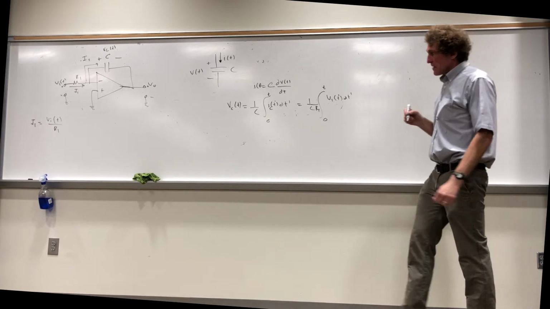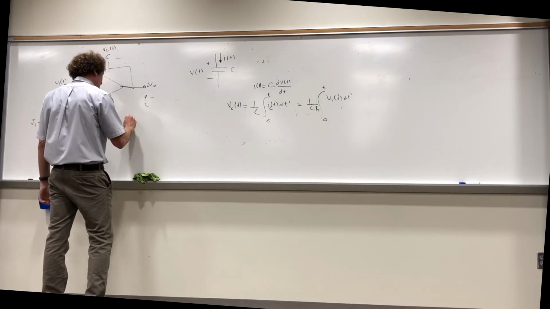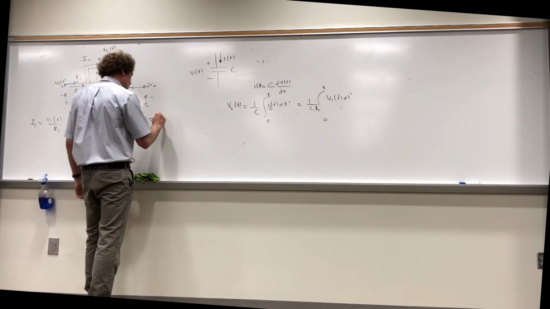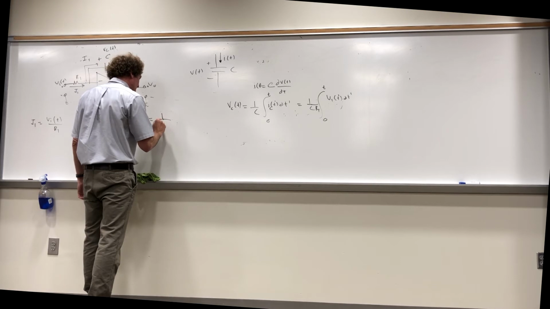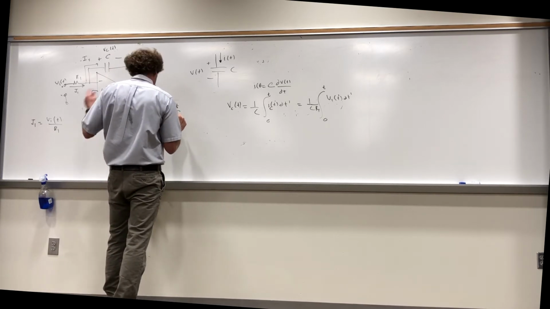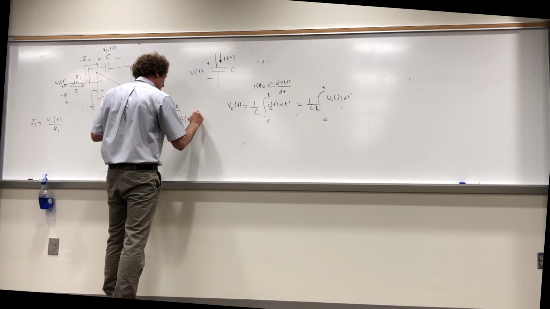And therefore, when I look at the output voltage, I can see that V out of t with respect to ground is 1 over R times C, or 1 times C, times the integral from 0 to t of the input voltage, simply Vin of t, dt prime.